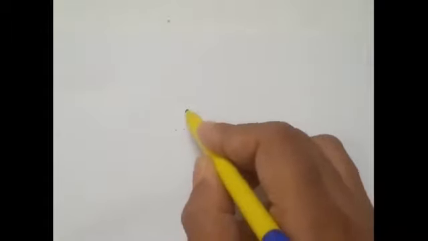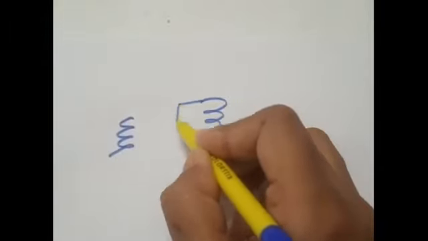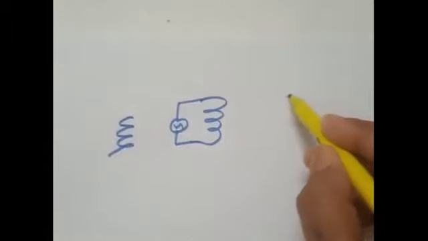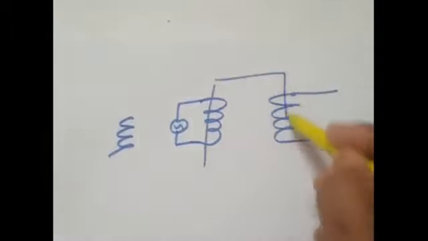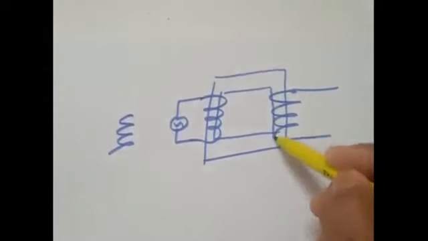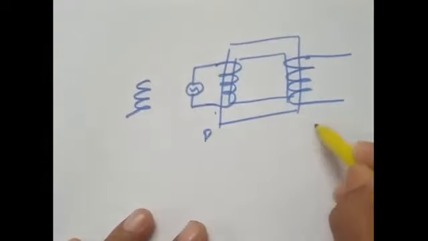What was happening here is that we had the primary coil, which is connected with the AC source, and the secondary coil, and a steel plate is used to wind these primary and secondary coils.